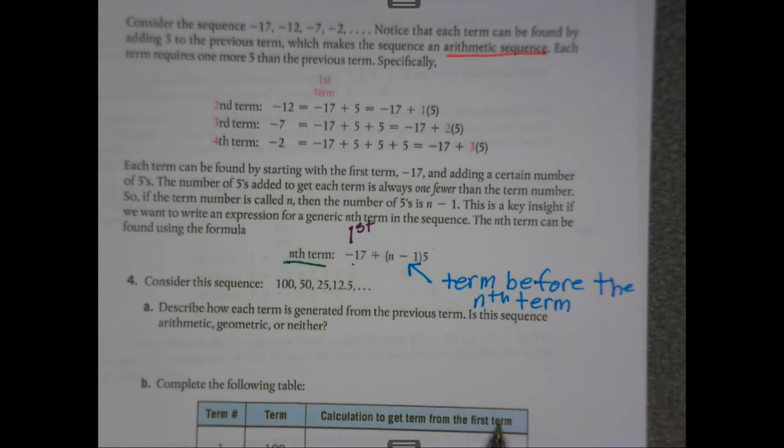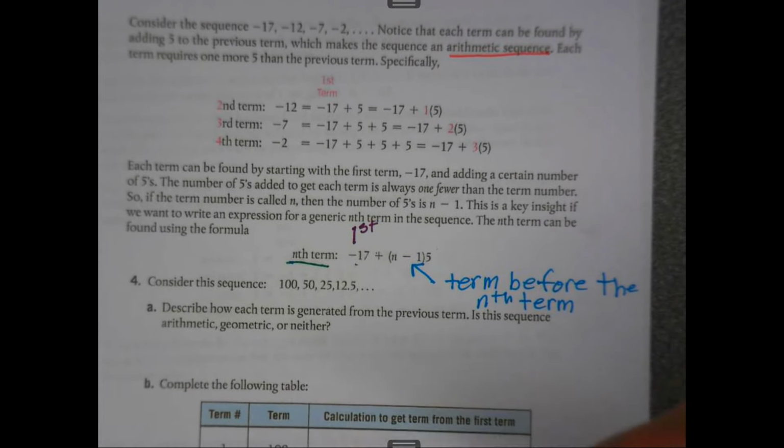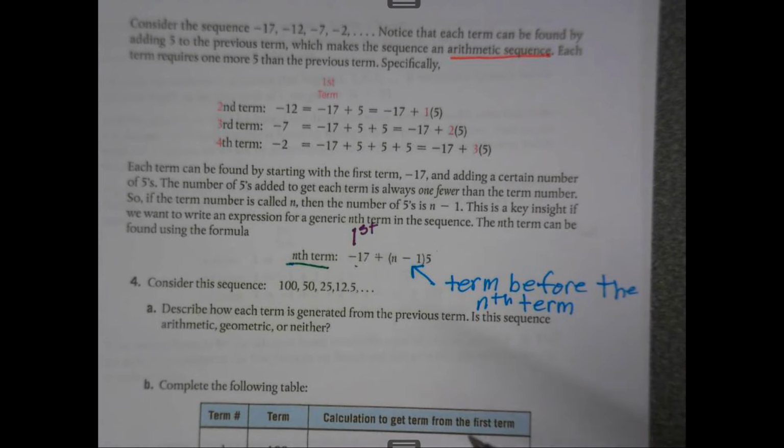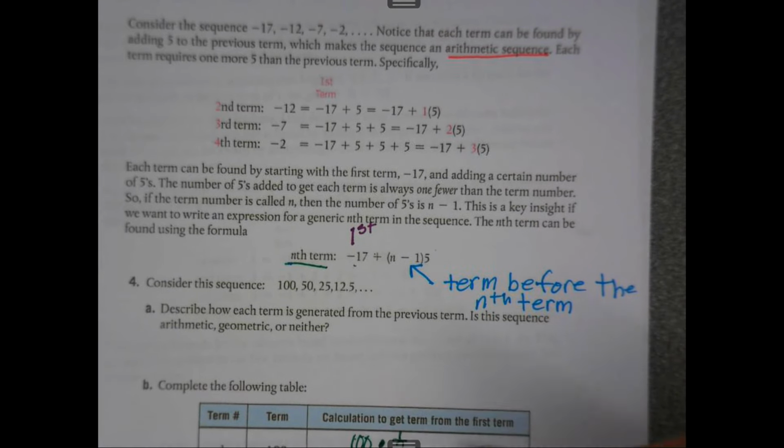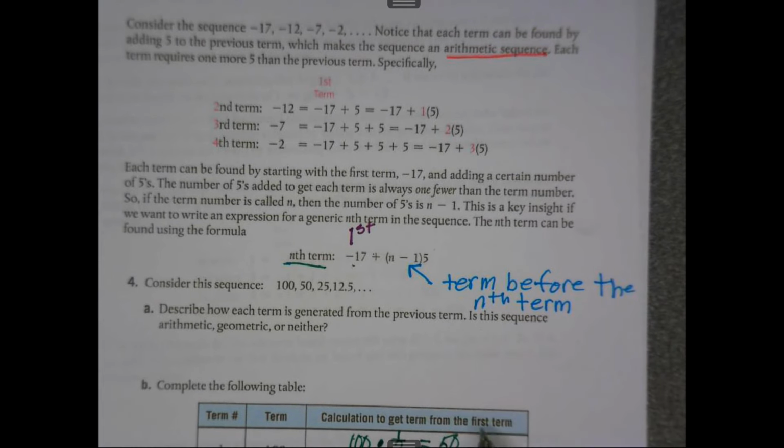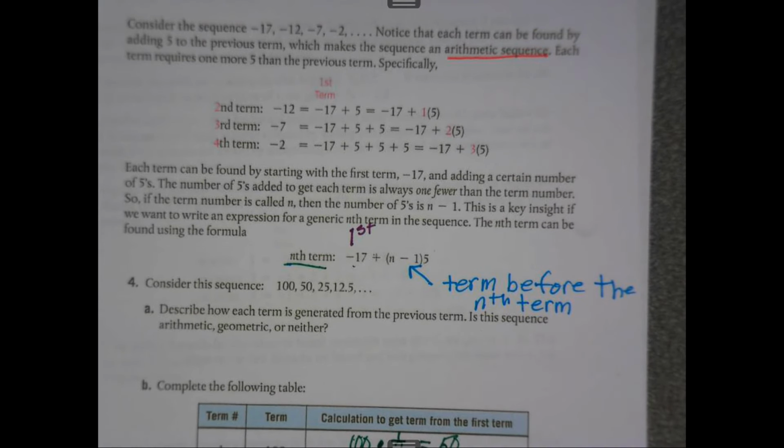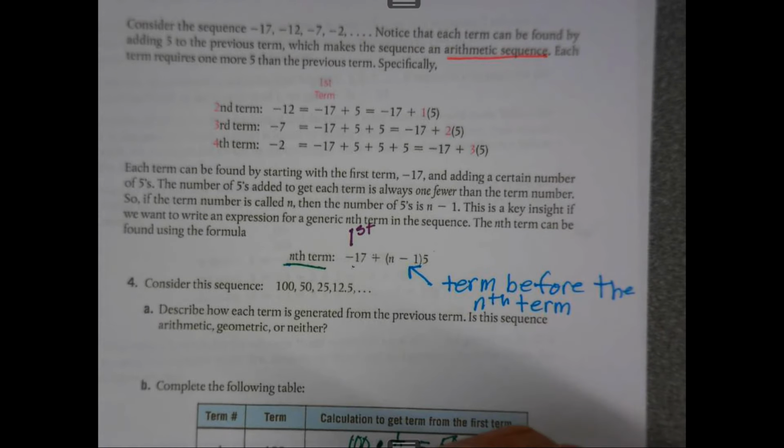So what we're doing is we're multiplying by 1/2. Okay, calculate to get from this term. So we're going to take 50 times 1/2 equals 25. So term number 3 is 25, to get to term number 4.